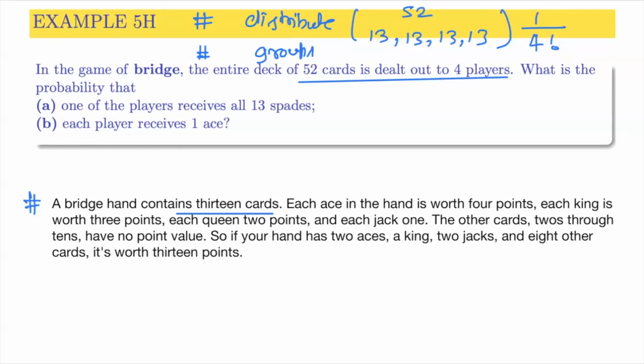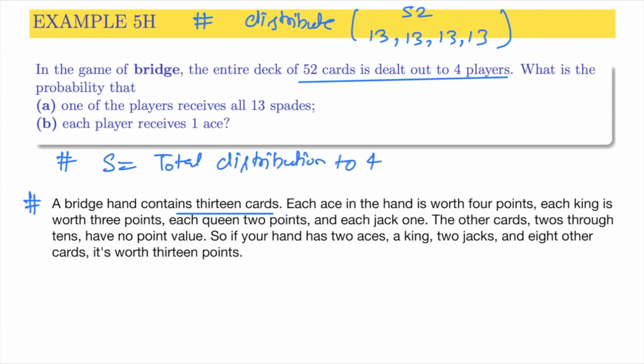Right now, because there are 4 players, I have to deal out to 4 players. So that means I have to distribute. The number of possible ways is going to be 52 over 13, 13, 13, 13. Let me tell you this important thing once more. Suppose S represents the total distribution to 4 players, because you have to distribute. So what will be my nS?